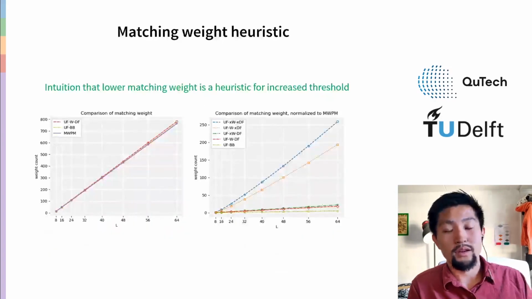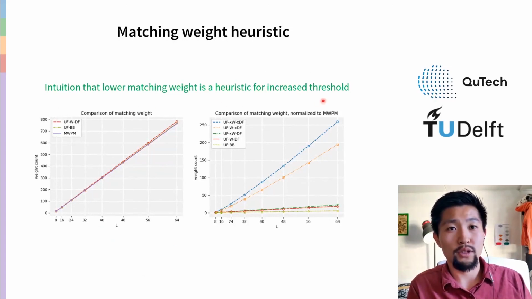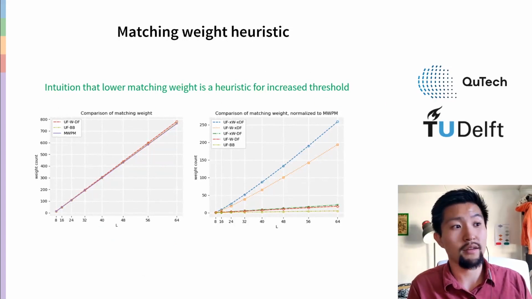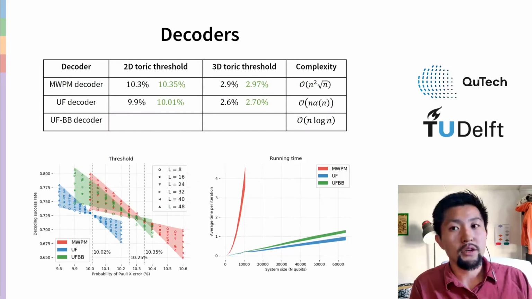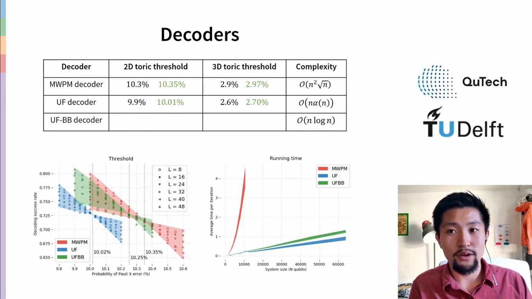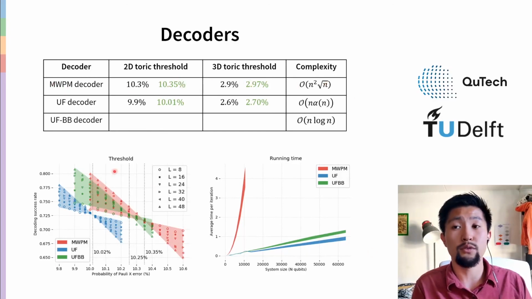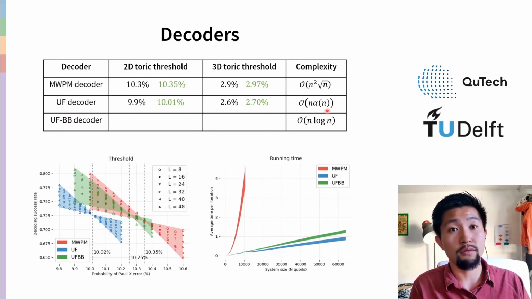And I would like to stress that the intuition that a lower matching weight is a heuristic for increased threshold seems to be right. So if we go back to our comparison of these decoders, we have the minimum weight perfect matching decoder with a high error threshold but a high complexity. We have the unified decoder with a relatively low threshold but a very low complexity as well.